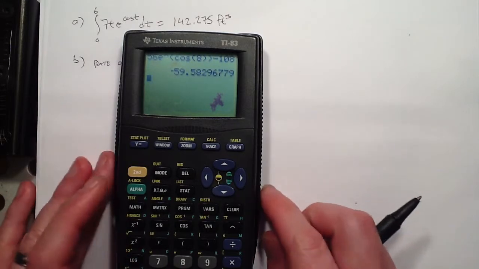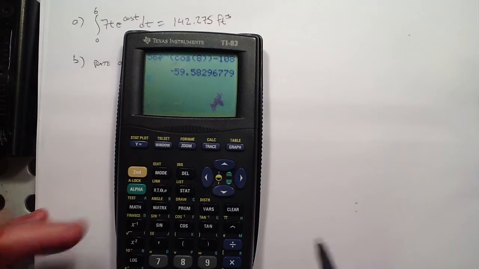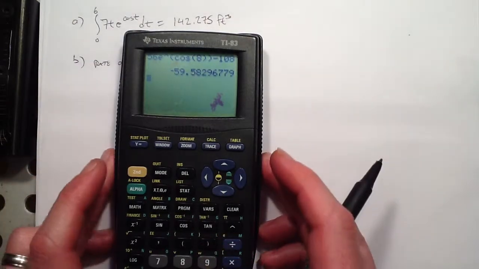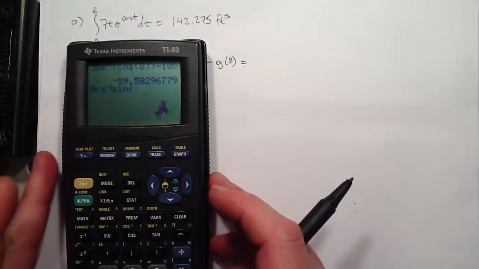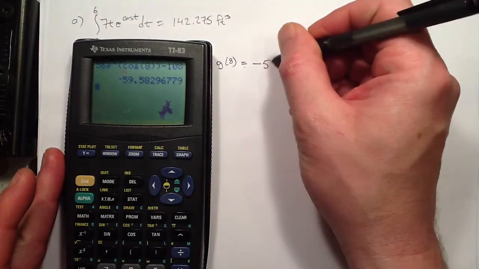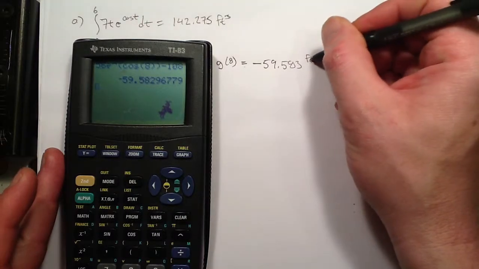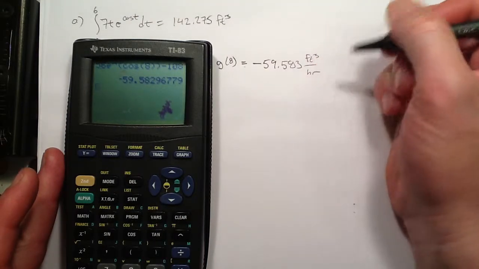That gives me, now what does it mean that it's negative? If the rate of accumulation of snow is negative, that means snow is actually being removed. In other words, she's shoveling it off faster than it's falling, which I suppose is a good thing if you're Janet. So that's negative 59.583 cubic feet per hour. Right, it's a rate.